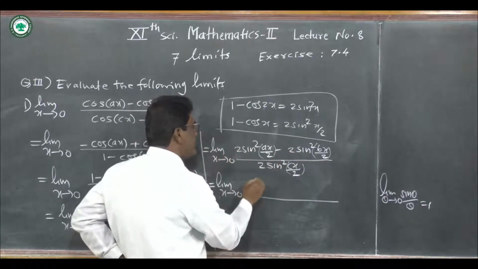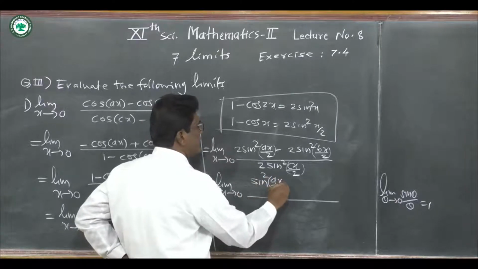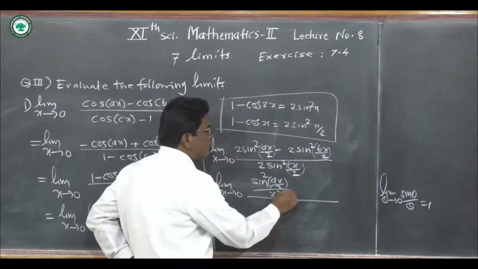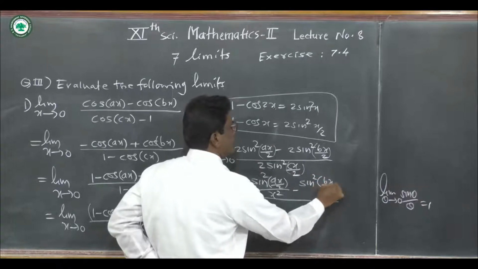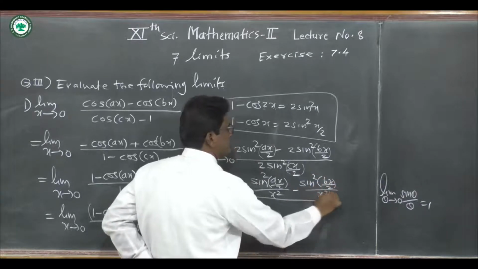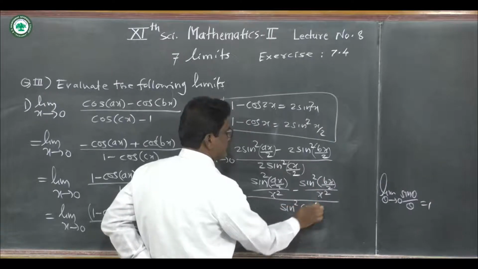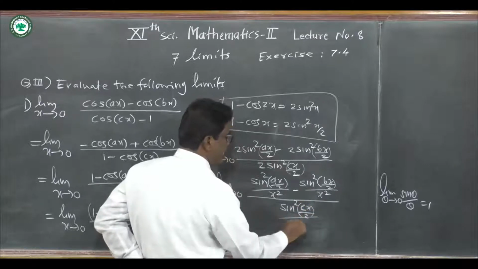So sin square of ax divided by 2 divided by x square, minus sin square of bx divided by 2 divided by x square, and sin square of cx divided by 2 and divided by x square.